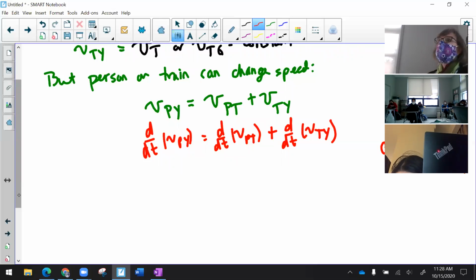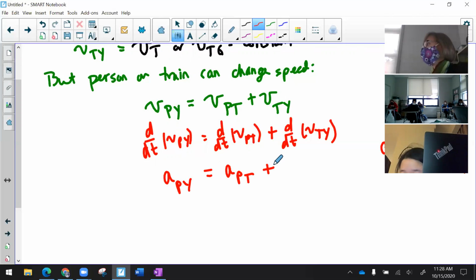Remember, the derivative of velocity is by definition acceleration. So this is going to be the acceleration of the person with respect to you. And then this is the acceleration of the person with respect to the train. And then my last symbol here is the acceleration of the train with respect to you.